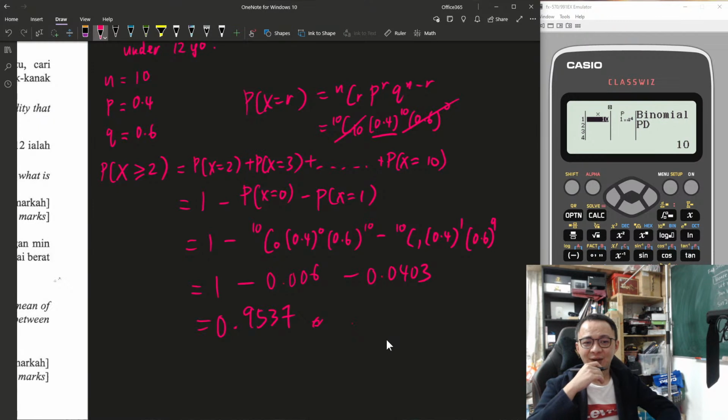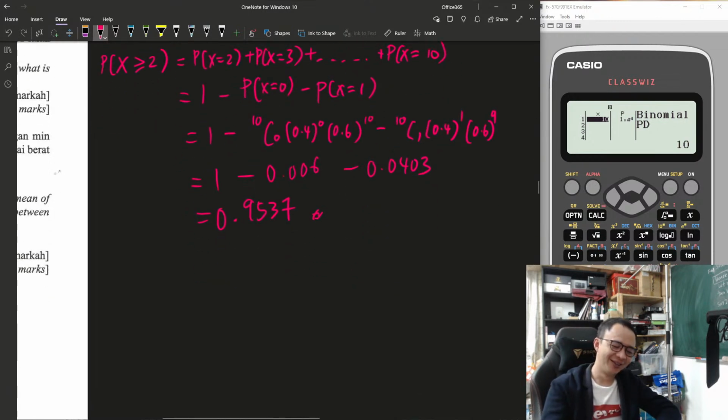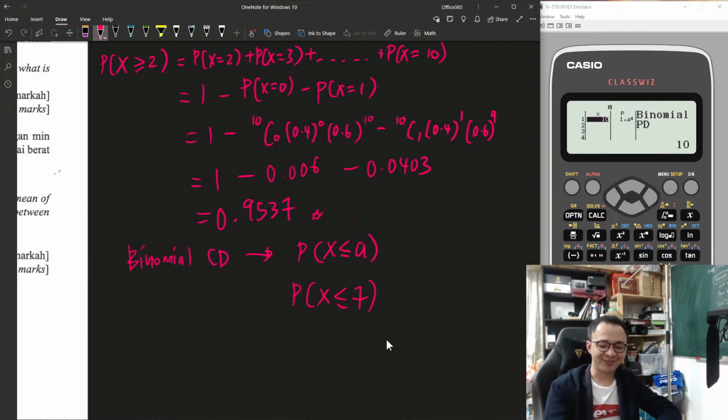So how to use a binomial CD function? This calculator binomial CD, CD stands for the cumulative distribution. The preset really is x is less than or equal to a. So if I want to find x is less than or equal to 7, then I can straight away type 7 into the binomial CD.